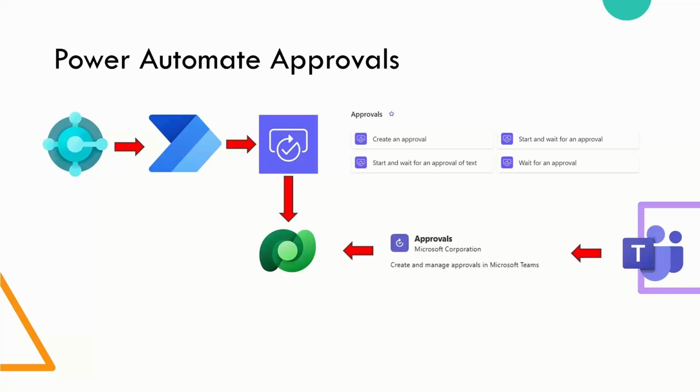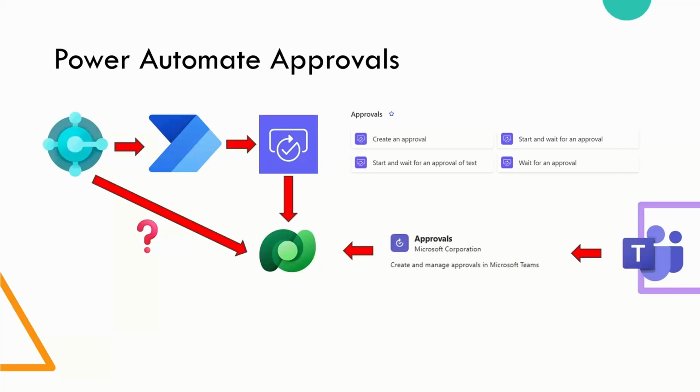Okay, so what does that mean? That means that if you, as a user who requested the approval request, go into Business Central and you cancel the approval request, then Business Central has no connection to Dataverse.